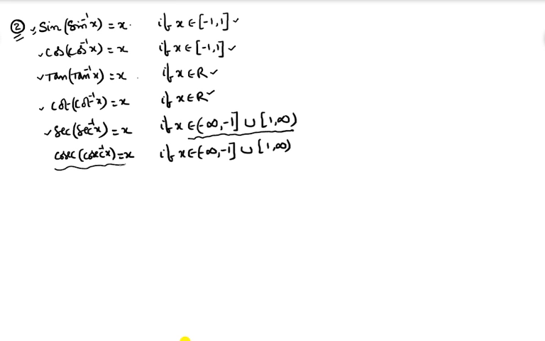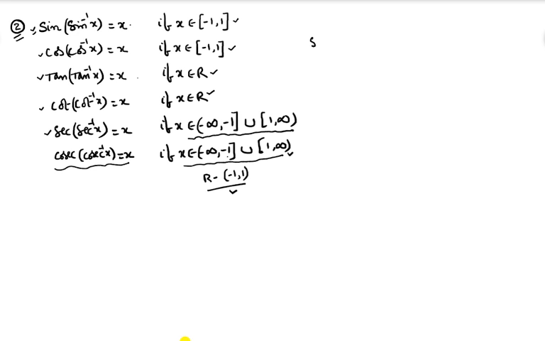Cosecant of cosecant inverse x we can write as x for the same x values. That is, x belongs to minus infinity to minus 1 closed bracket union 1 to infinity. This meaning is the same as from all real numbers excluding the open interval minus 1 comma 1. So this has the same meaning here.